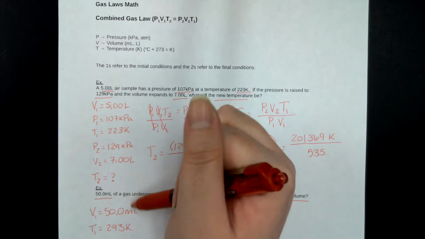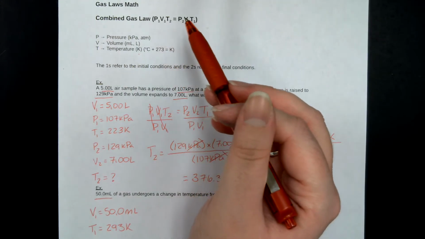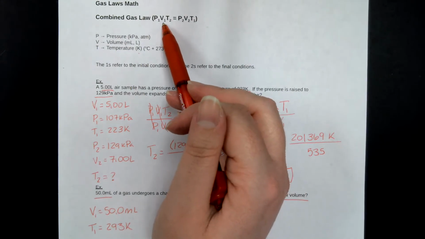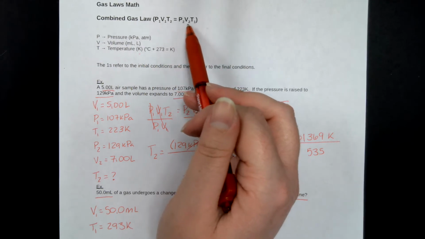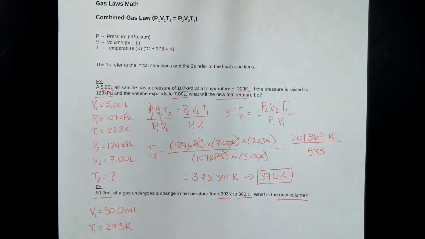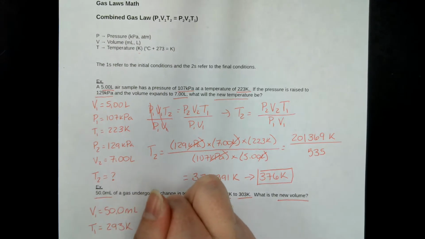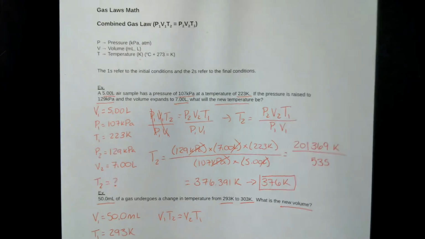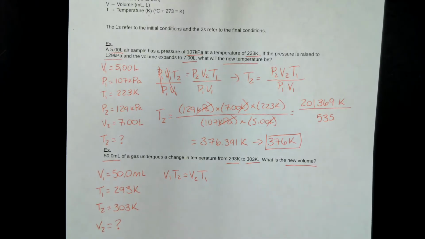So since I don't know anything about pressure in this example, I'm going to omit pressure from my equation. And then I'm going to be left with V1 T2 is equal to V2 T1. So if you're missing one, no problem. Just remove it from your equation and continue with what you do have.